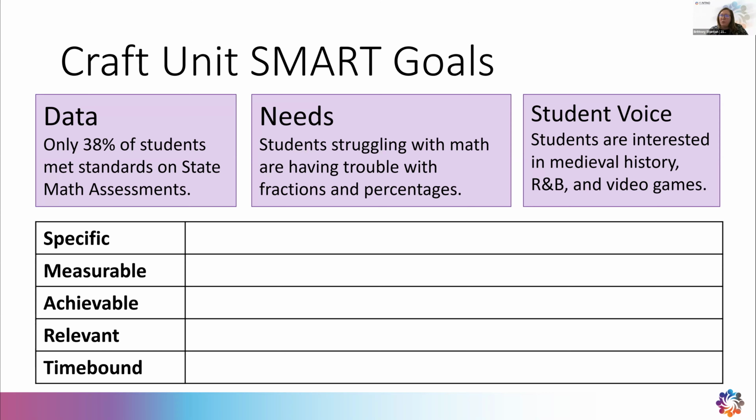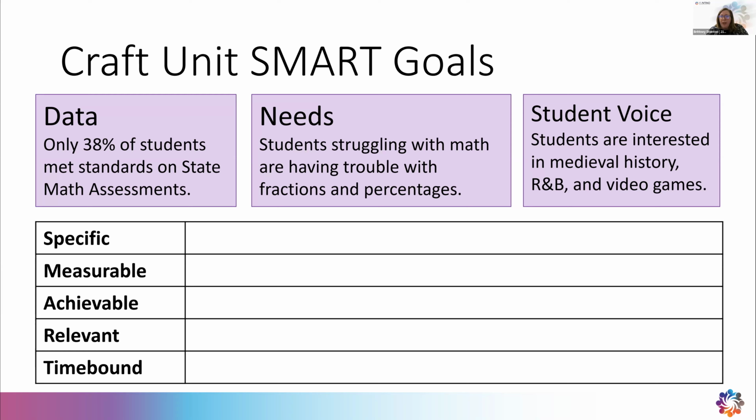Just the individual pieces, we can then wordsmith and craft into an actual statement that makes a lot of sense. So I would agree with you. We see from the information that we have that the specific need is in fractions and percentages. So that's the relevancy right there, that according to the data, this is what we've seen is the needs.